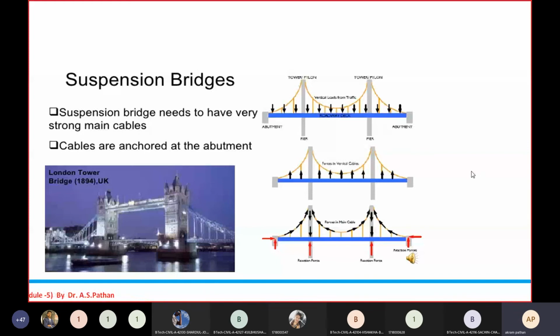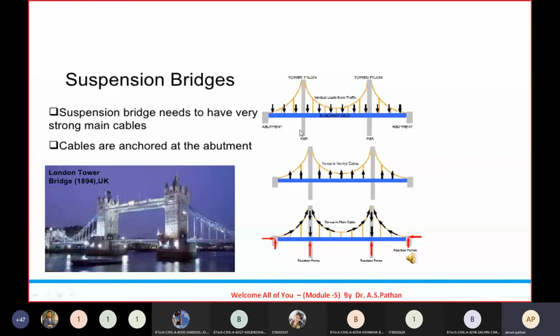The suspension bridge needs very strong main cables. The main disadvantage is that if you do not design these main cables properly, there will be chances of failure. So while designing these main cables, great care has to be taken.